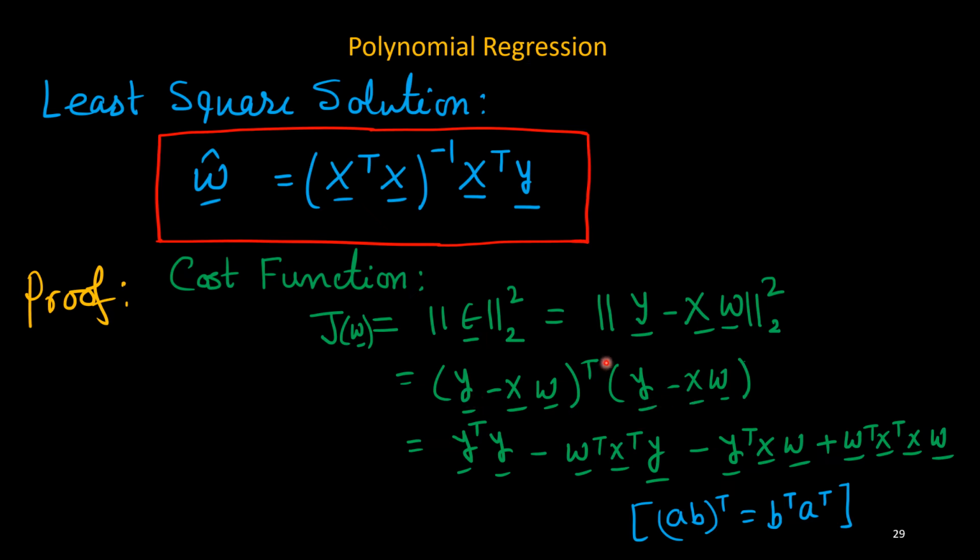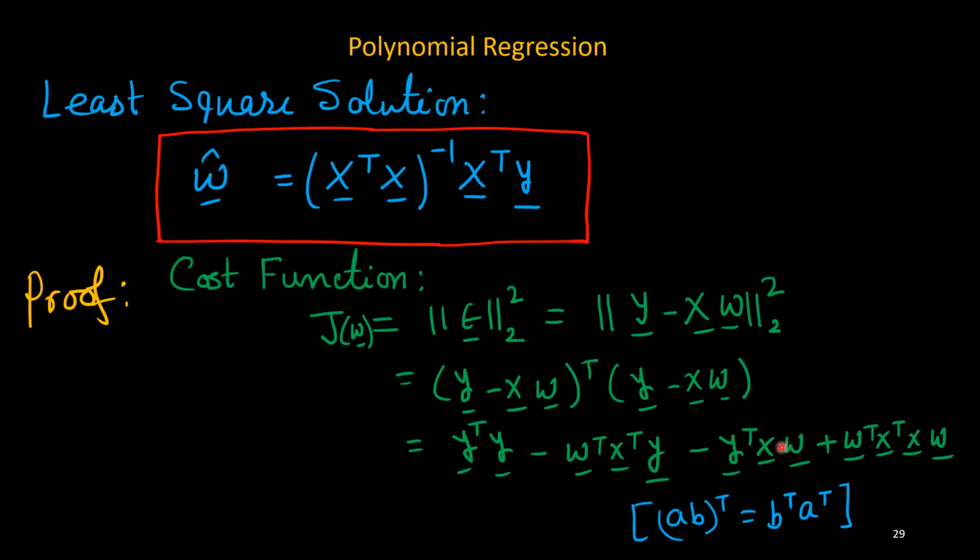Then the next one is y transpose xw. And the last one is the transpose times xw, that is w transpose x transpose xw, and this sign is minus, it is plus. So you see this has 4 terms and we wish to minimize these.